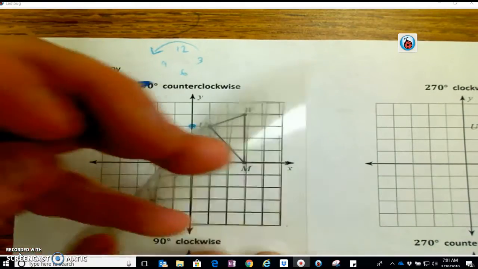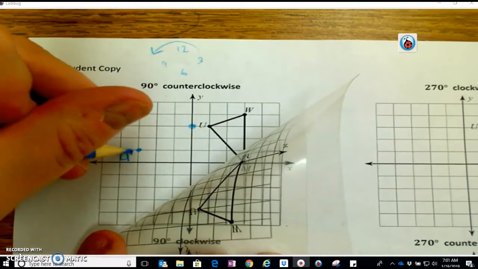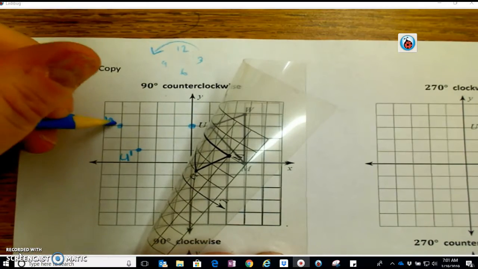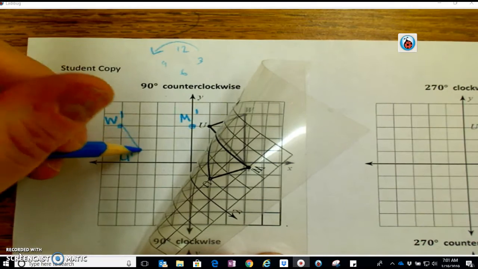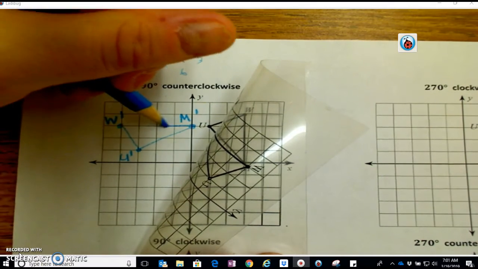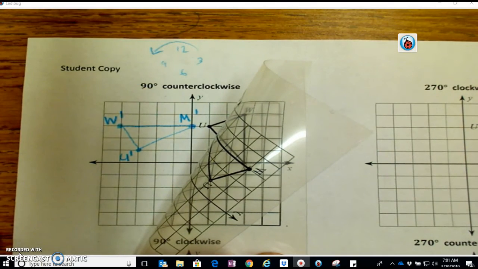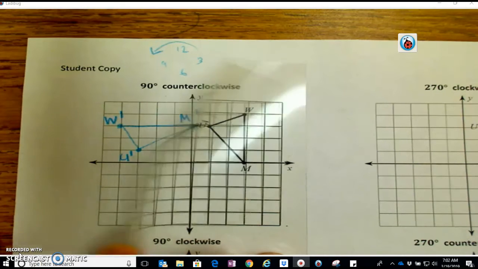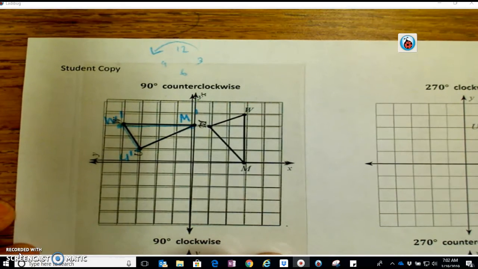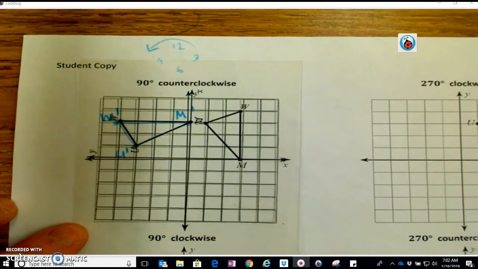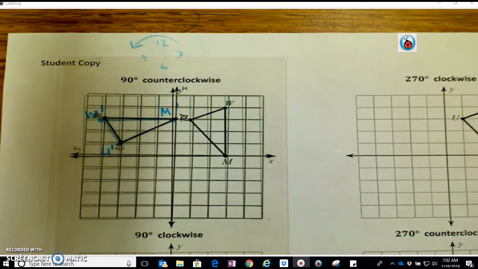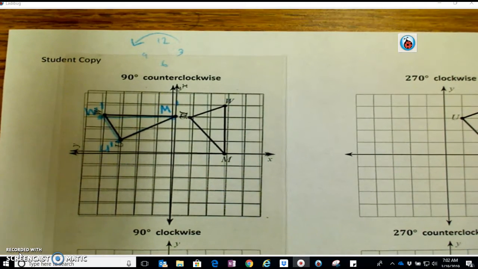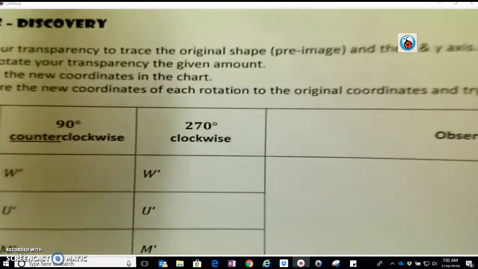Because I did a transformation, that's going to be U prime, W prime, and M prime. Should be using a ruler. So that's the idea. I'll do that for each one, and you can pause the video and write down the new coordinates on this side.